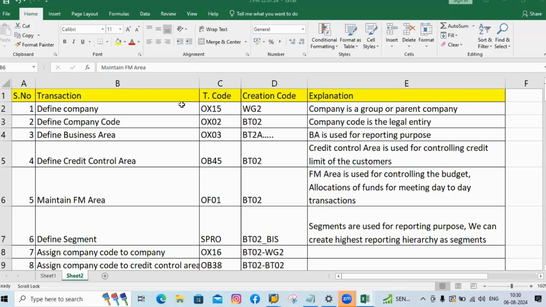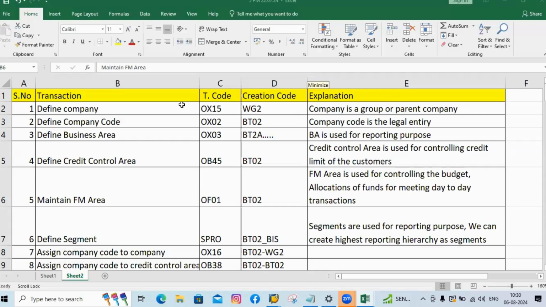What is mandatory in this? Operating. Operating chart of accounts is mandatory. Very good. Okay. Why are we using operating chart of accounts? To run the day-to-day financial transactions. Yeah, go on. If you have headphones or a mic, you can use that because it will be easy for others to understand your questions.